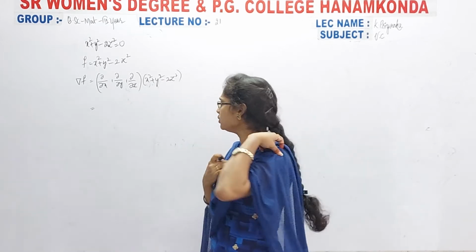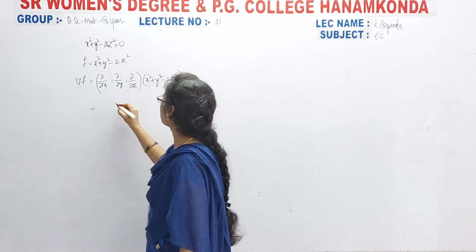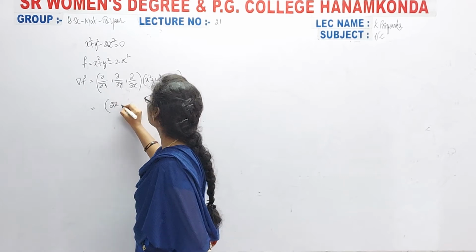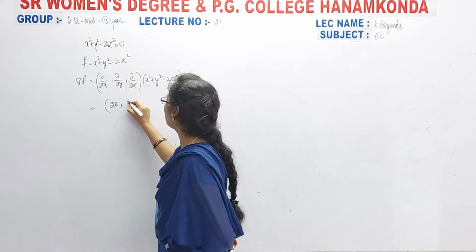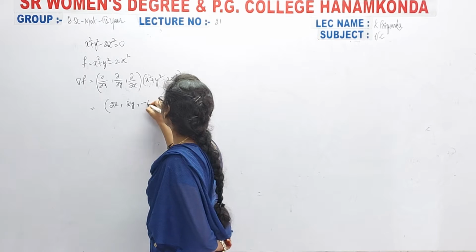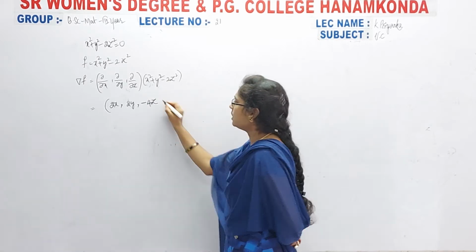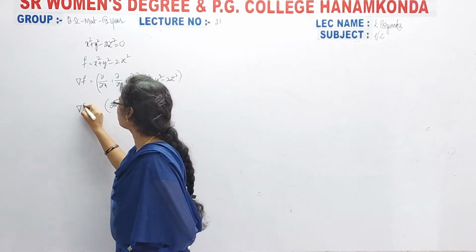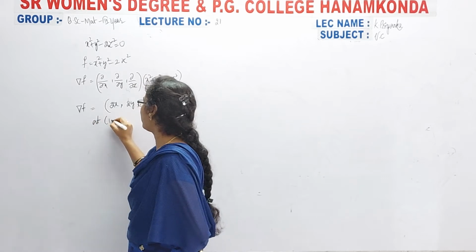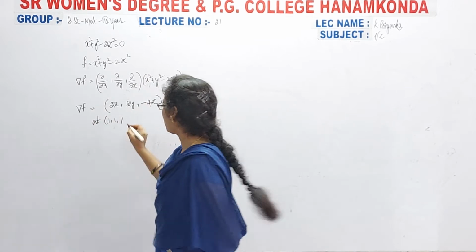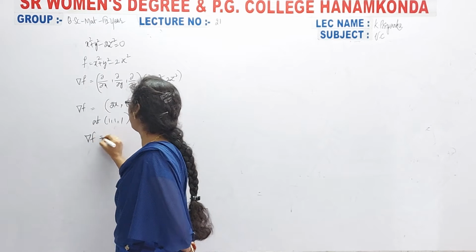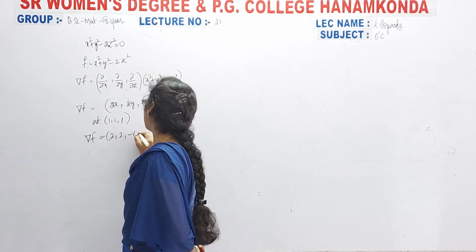Dou by dou x gives 2x, the next gives 2y, and then minus 4z. So this is grad f, and the point is 1 comma 1 comma 1. Therefore grad f is equal to 2 comma 2 comma minus 4.